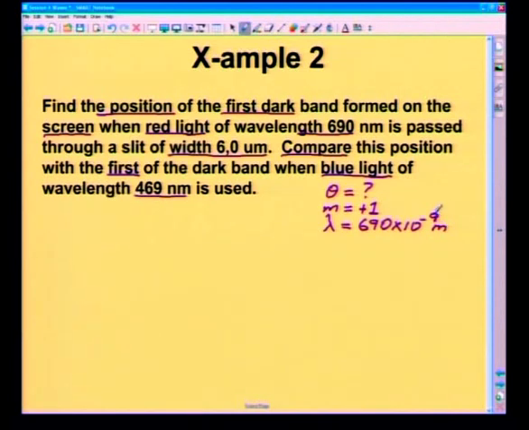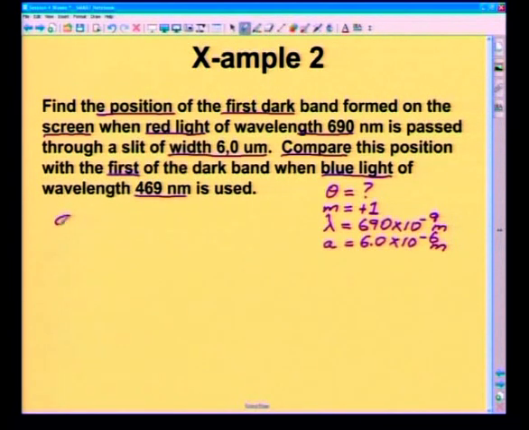I've just converted there. We are also told that a, the size of the slit, is 6 micrometers, so 6.0 by 10 to the power minus 6 meters. We have all that information. So we need to calculate theta.